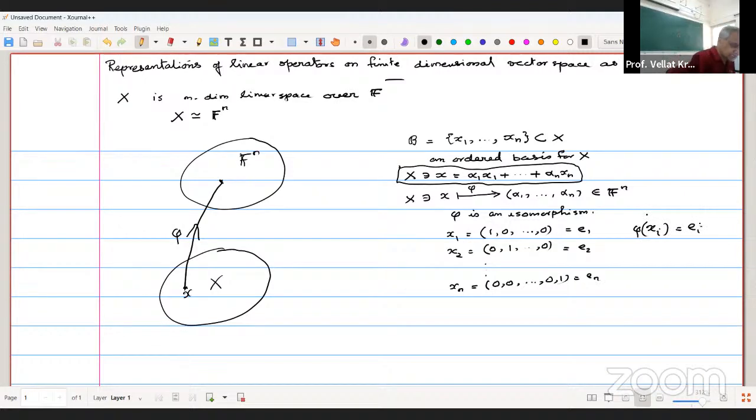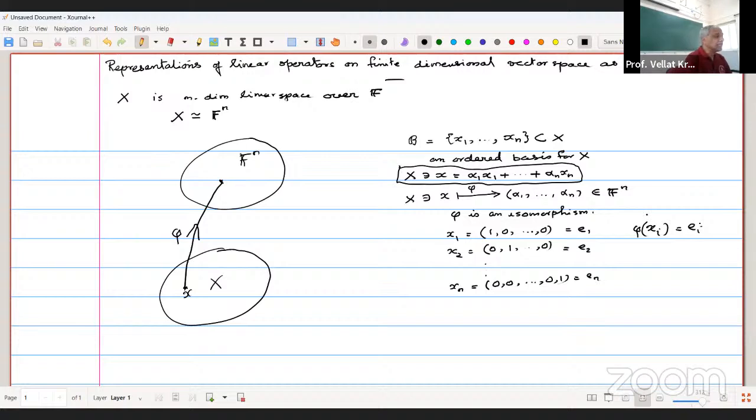And you already know that a linear transformation on X is completely determined if we prescribe what it does on a basis. Therefore, you see that we have prescribed what phi does on x1, x2, etc., xn.